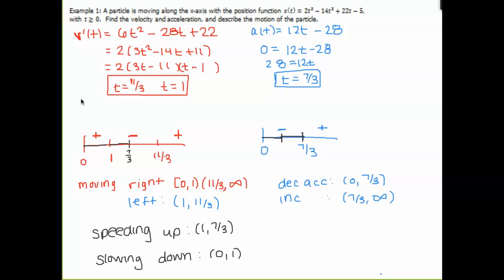From 7/3 to 11/3, velocity would be negative and acceleration would be positive. So they would be opposites, so it would be slowing down. And then from 11/3 and beyond, both would be positive. So therefore, we would be speeding up from 11/3 to infinity.